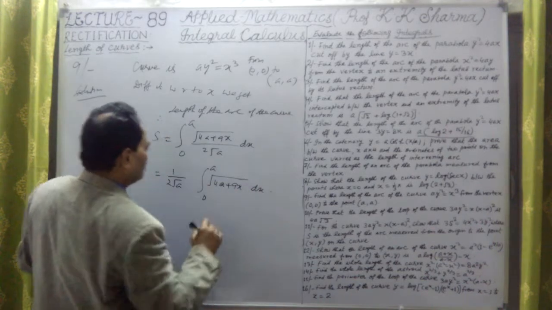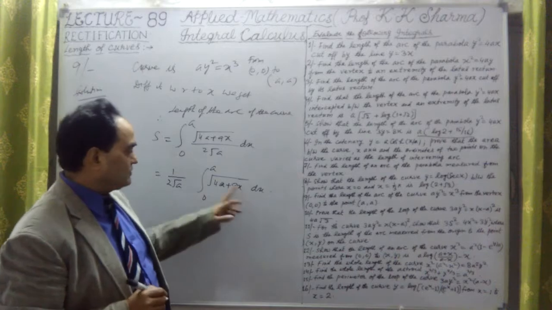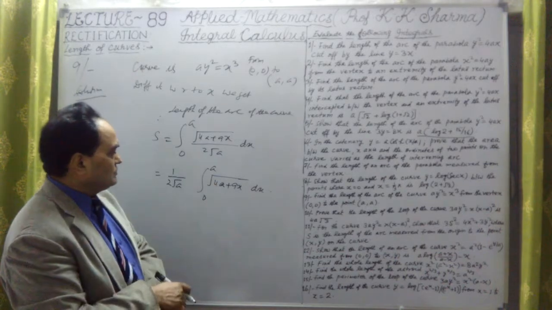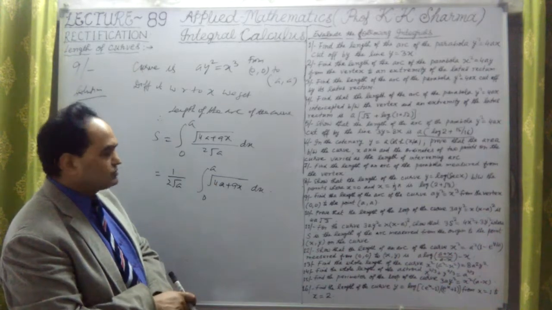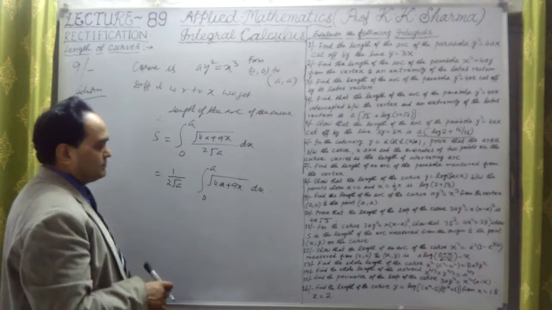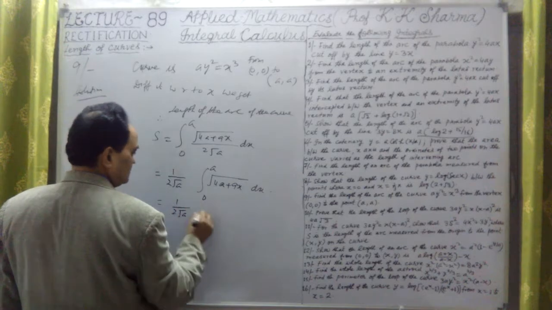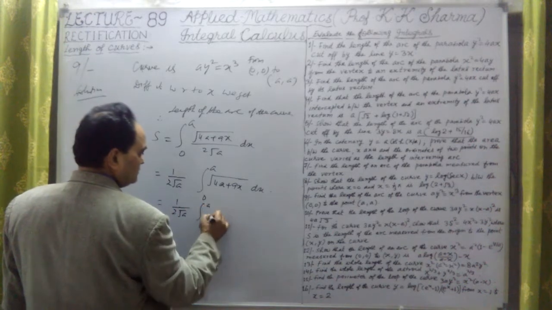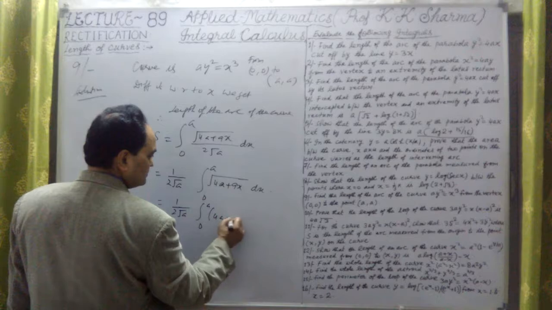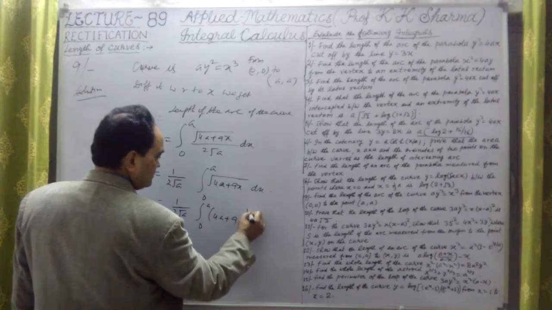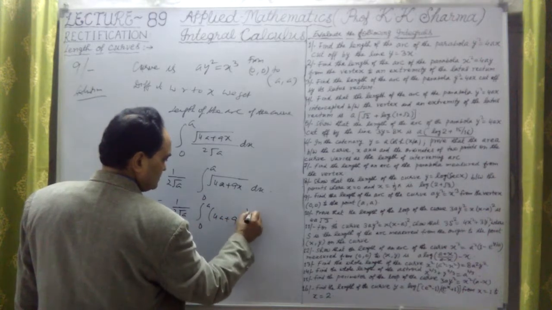You have to integrate this, and then finally put in the limits. What is the value of this? This is power half, so we can write this as 1 by 2 root a, 0 to a, 4a plus 9x to the power half into dx.